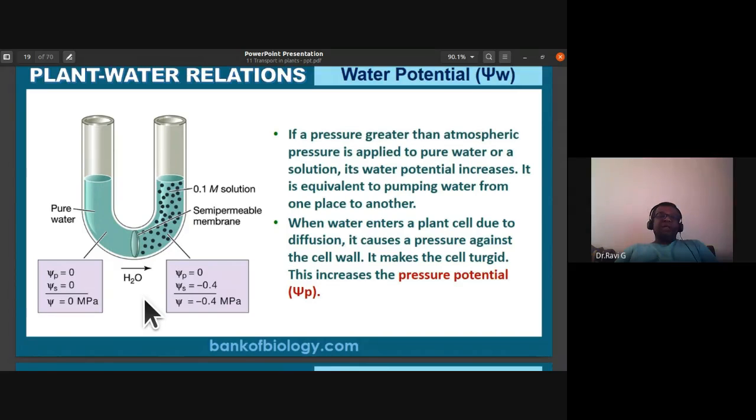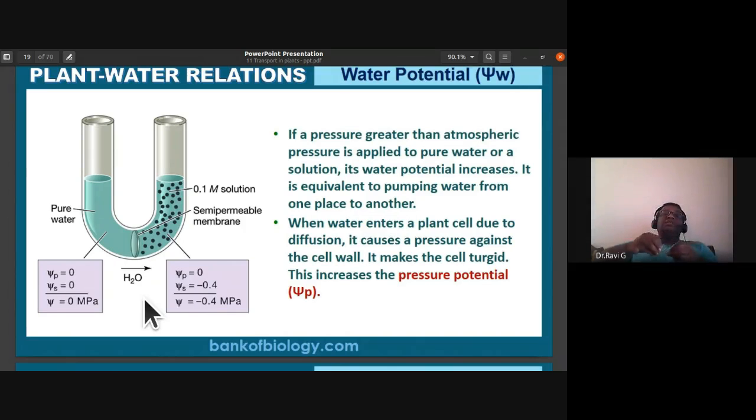But that concept is not discussed here, so just remember it. When water enters a plant cell due to diffusion, it causes a pressure against the cell wall because of the swelling up of the cell. It makes the cell turgid. The cell bloats up, we call it turgid. So they exert a pressure on the cell wall, and we call that turgor pressure. Turgor pressure is due to the turgidity of the cell.